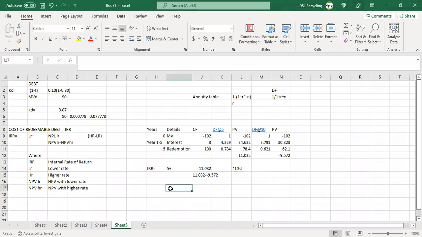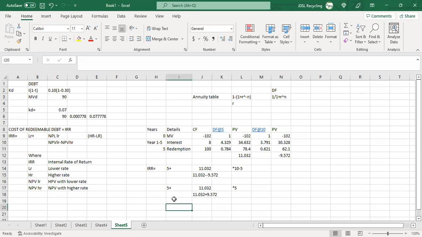Are we following? So this is where we are now going to change our minus to plus. So this will now be equal to 5 plus 11.032 divided by 11.032 plus, because we're having two negative signs. Minus times minus will give us plus 9.572. All these will now be multiplied by 5.